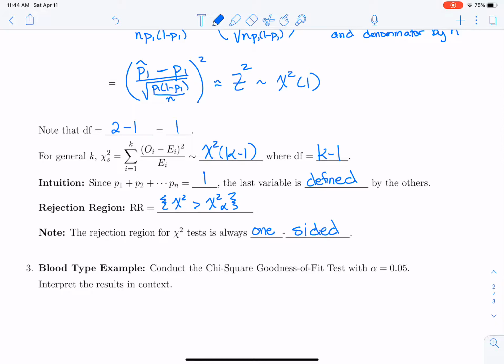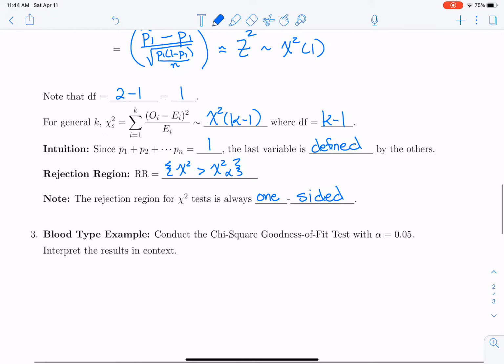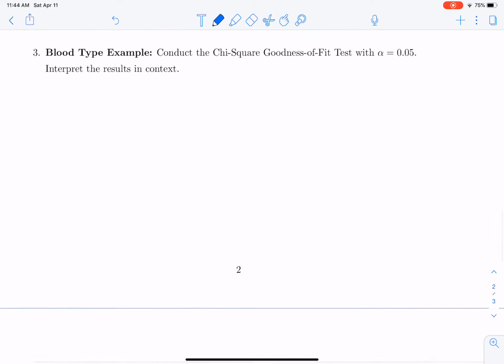Okay, so we've now shown that our test statistic has a chi-square distribution with degrees of freedom k minus 1, and we have our rejection region, so we can now move back to our example. So to complete our example, we need to find the expected values for each of the blood types. So the expected number of observations for the A blood type is going to be 41% times 200. That's going to be 82.